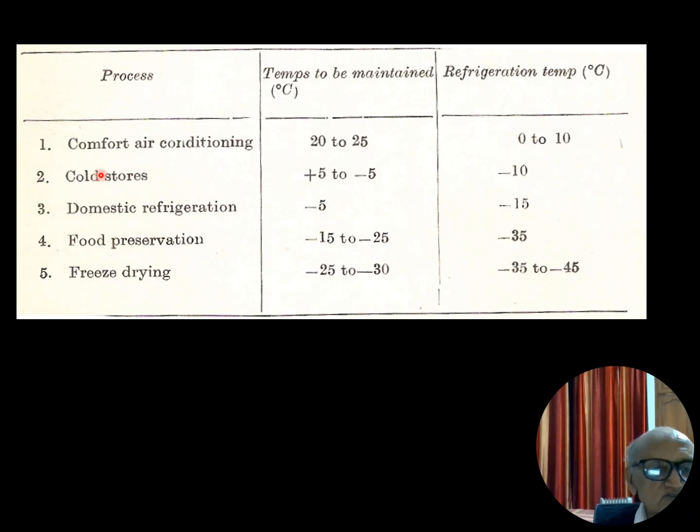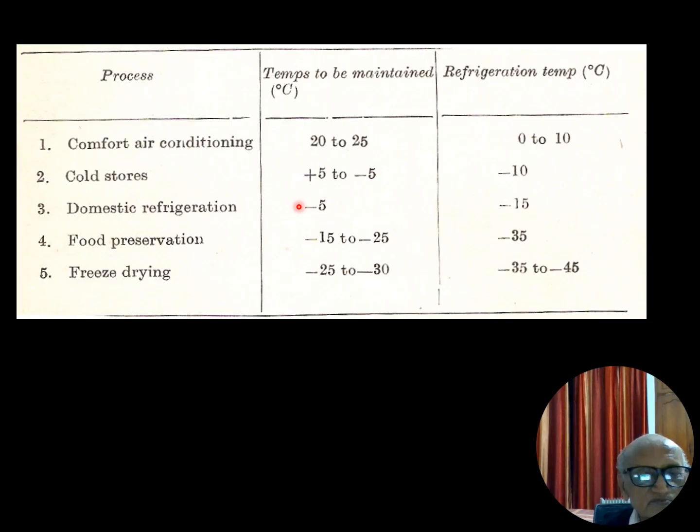For cold storage applications, we need plus 5 to minus 5 degrees Celsius temperature to be maintained through a refrigeration temperature of minus 10 degrees Celsius. Then comes the process of domestic refrigeration, fridges.